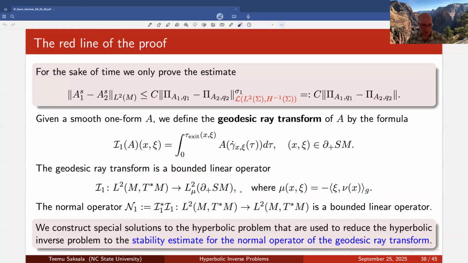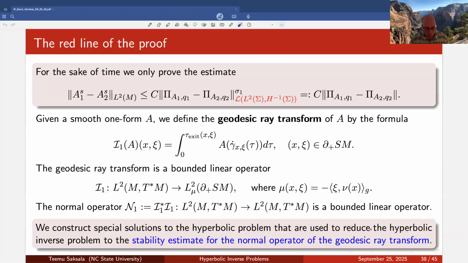So in particular, if this I is bounded, then I can compute its adjoint operator, I star, and furthermore, the normal operator N by composing these two operators. And again, this is a bounded linear operator.